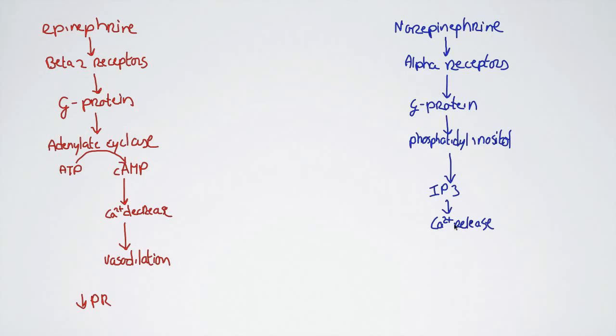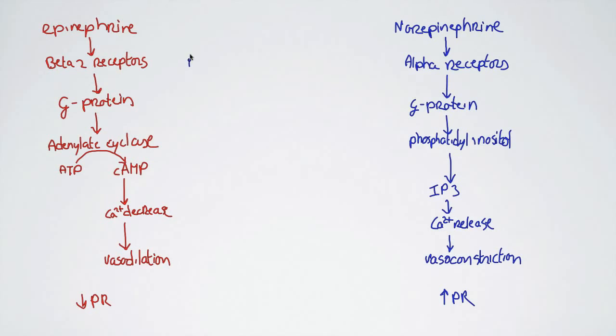And of course, now we have calcium release that is going to cause contraction, which in this case would be vasoconstriction. And of course, then the effect of that is going to be to increase peripheral resistance.